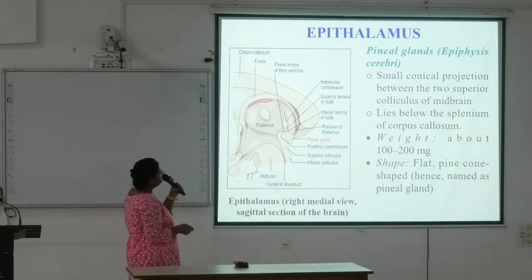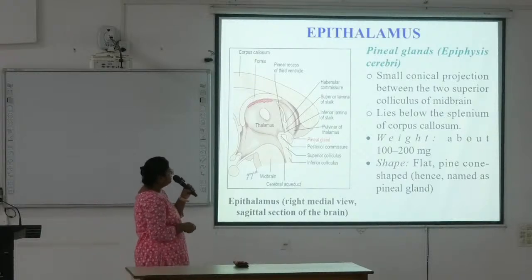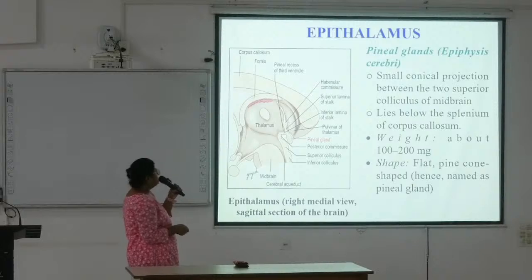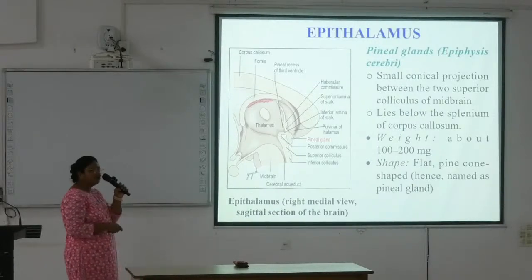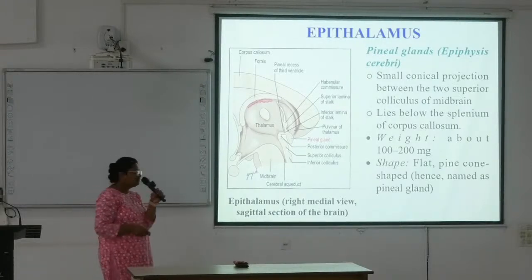Lies below the splenium of the corpus callosum. This is splenium of corpus callosum, so it is lying below the splenium of corpus callosum. Weight is about 100 to 200 milligram. What is the shape? Shape is flat, pine cone shaped. Hence the name is given pineal gland. Okay, pine cone shaped. That's why name is given pineal gland.